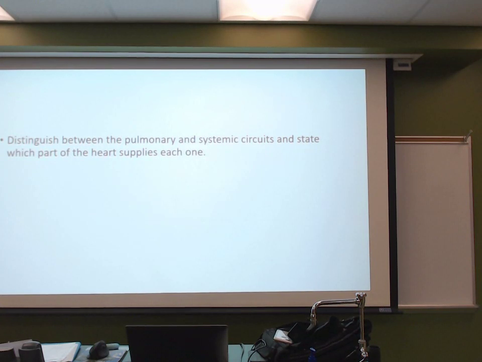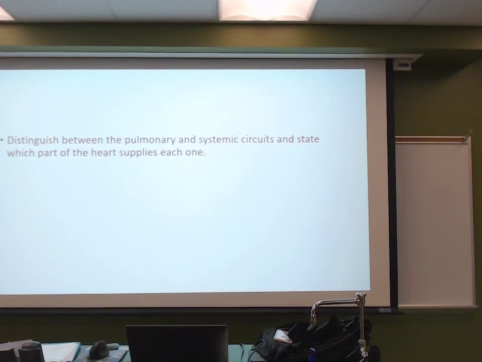Distinguish between a pulmonary circuit, a systemic circuit. The pulmonary is from the left side, or from the right side, and goes to your lungs, and the systemic is from the left side and goes to your systems, starting with your kidneys. Everybody agree with that?